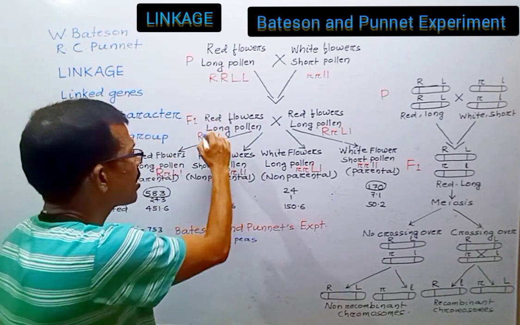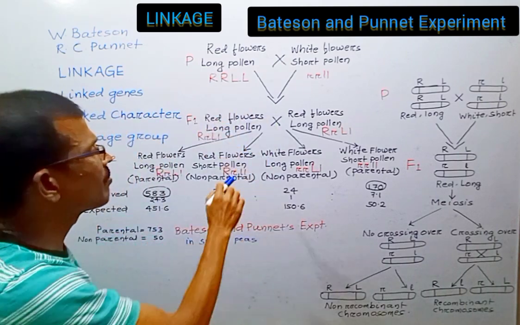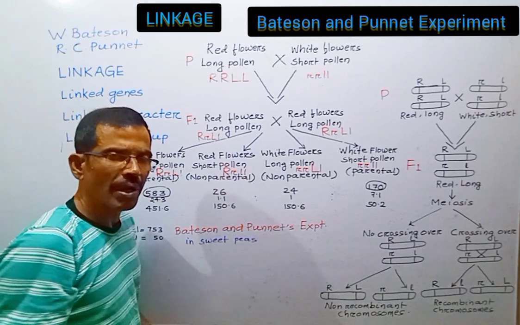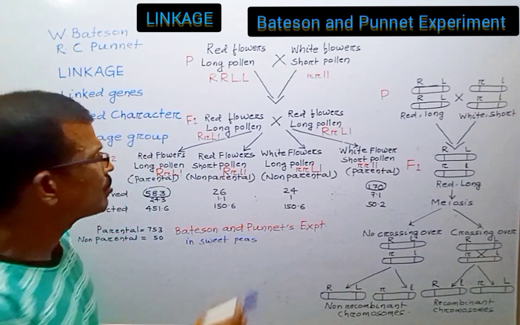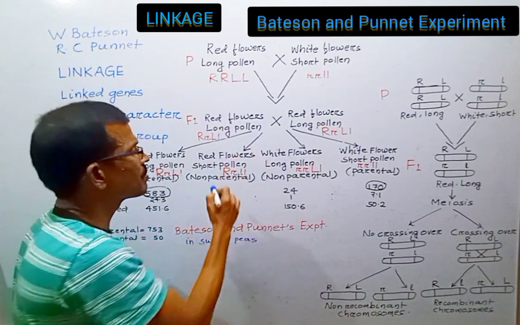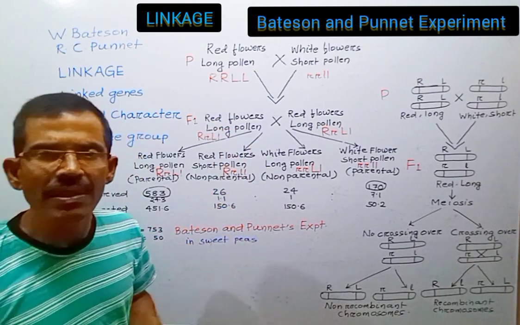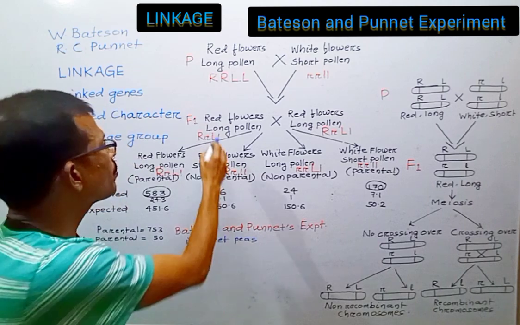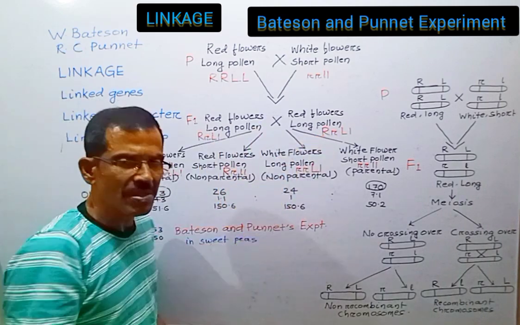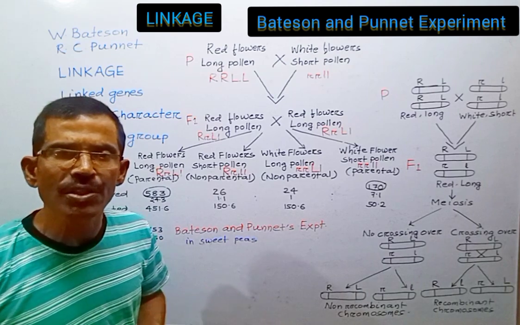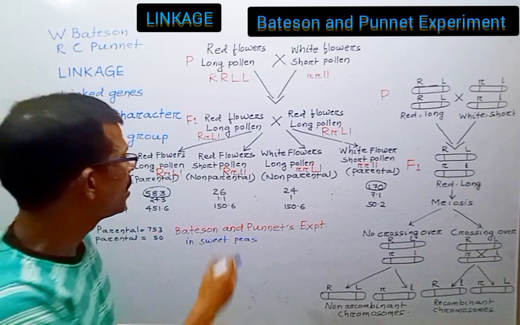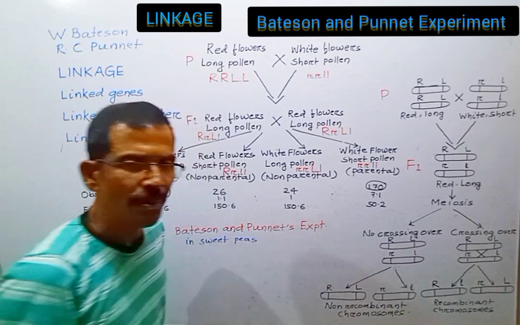All the F1 plants were found to have red flowers and long pollen grains, indicating that the alleles controlling these 2 phenotypes are dominant. After that, when F1 plants were self-fertilized, Bateson and Punnett found a peculiar distribution of phenotypes among F2 plants.